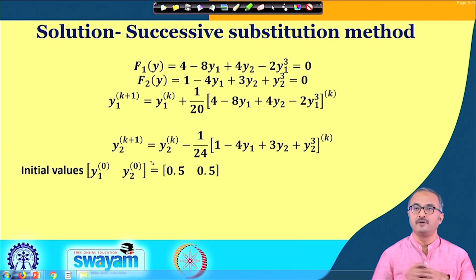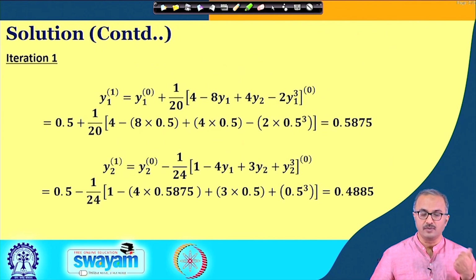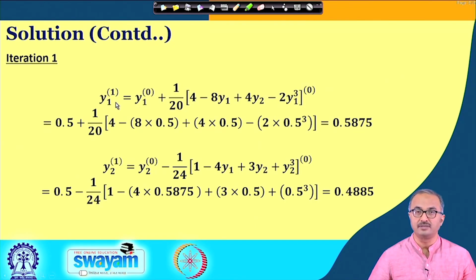So, as we have understood, for this particular method, we need some initial choices of y1, y2. So, here we are choosing these two values, 0.5, 0.5, for both the unknown variables. Now what we do, we take the first equation, the expression to update the value of y1, and we just plug in the value of y0.